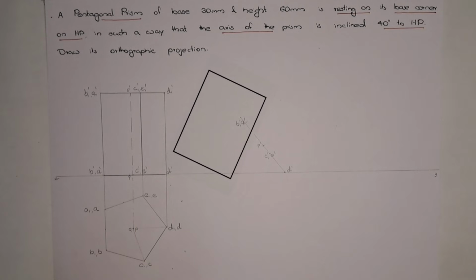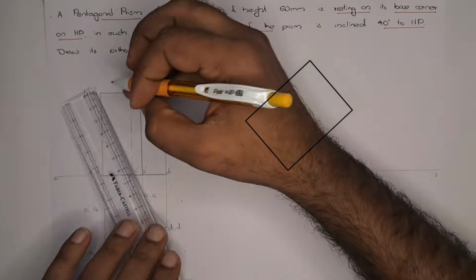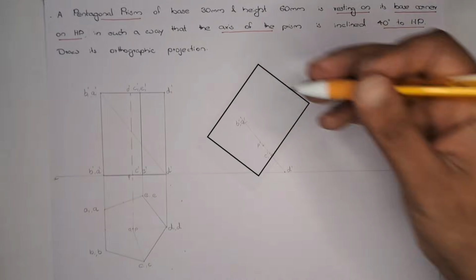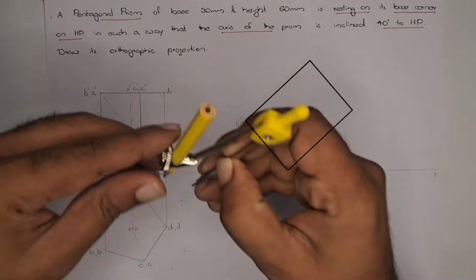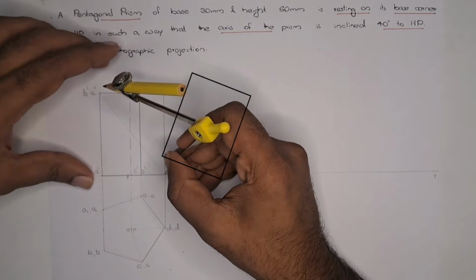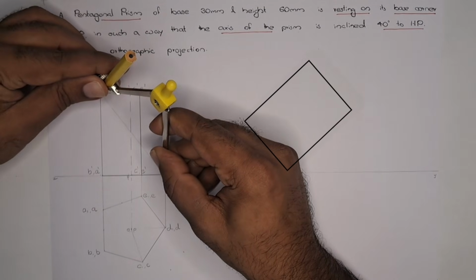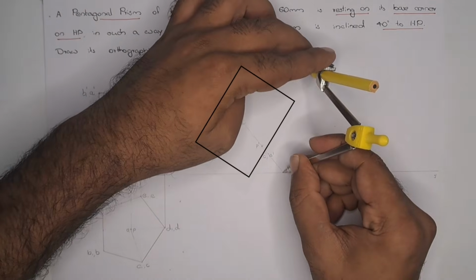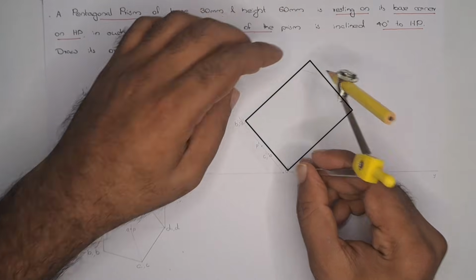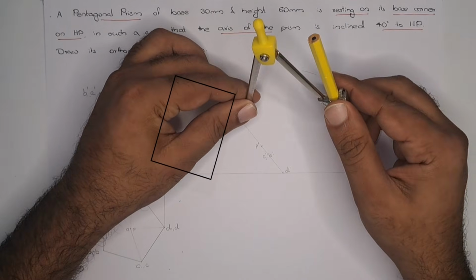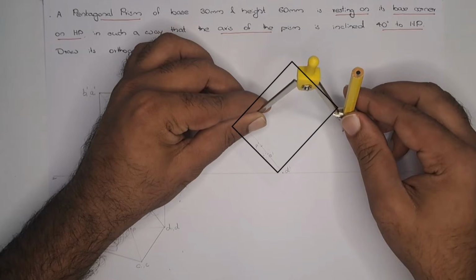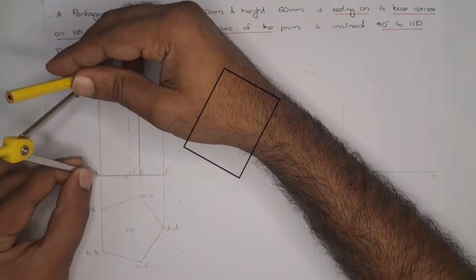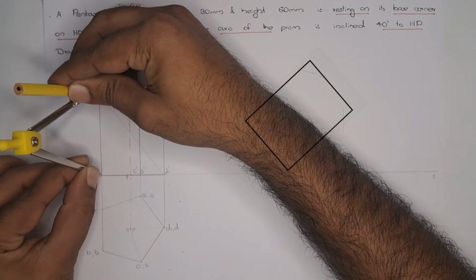Now with the help of the body diagonal, so this is the body diagonal. With the help of this line, we can use the body diagonal on the opposite side also. Now we take the distance 60 from here.